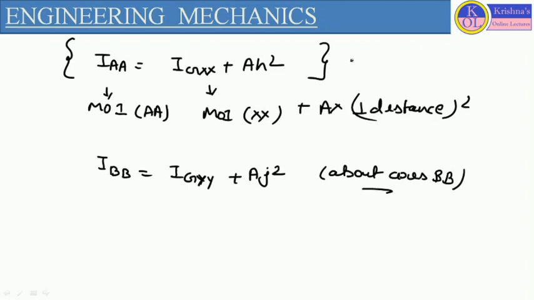If we are considering axis AA, we take the earlier equation to define the moment of inertia, and if we are taking axis BB, we consider this equation. So this is another parallel axis theorem. Here the axis is changed only, but the concept is the same.